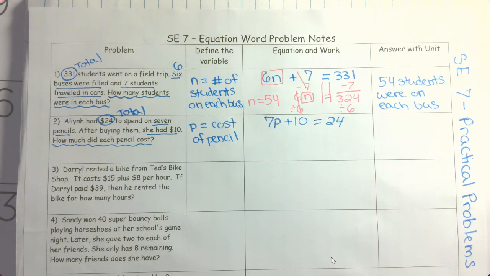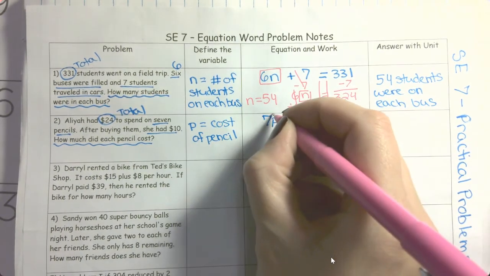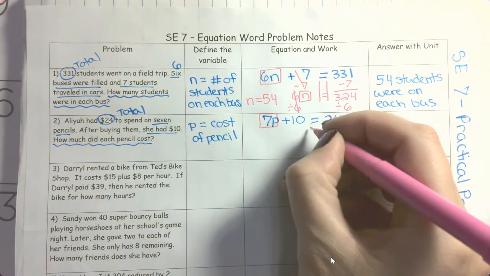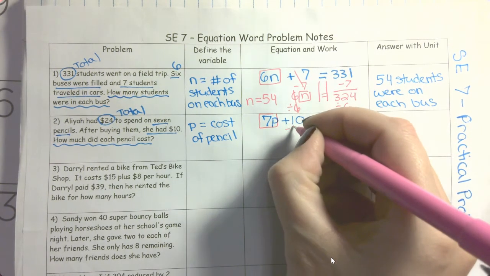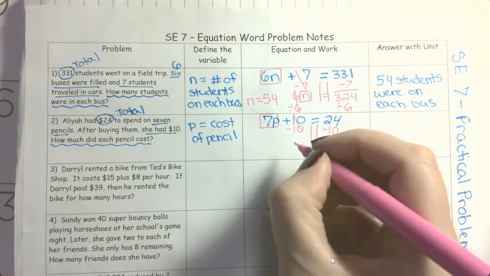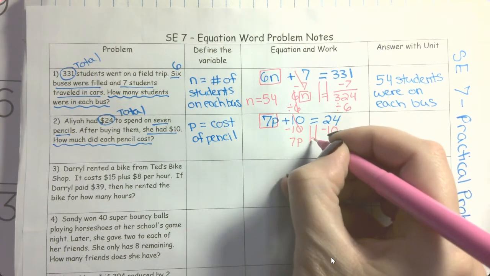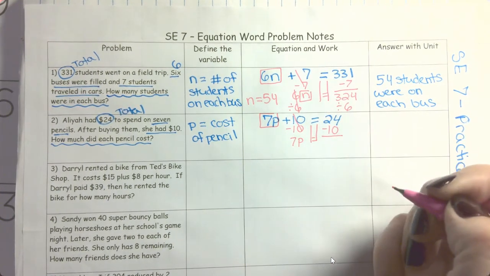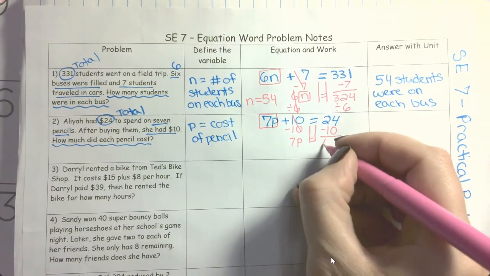So at this point, we can solve our equation. I would start by boxing in my variable and what's with it. I would get rid of the plus 10 by subtracting 10. That would cancel. So I'm left with 7p equals, and 24 minus 10 would give me 14.